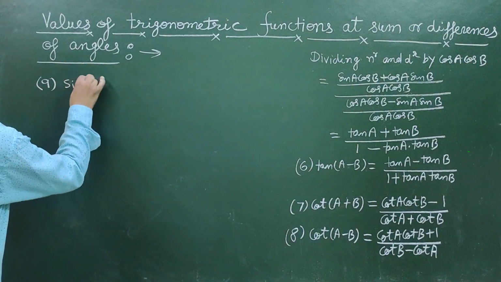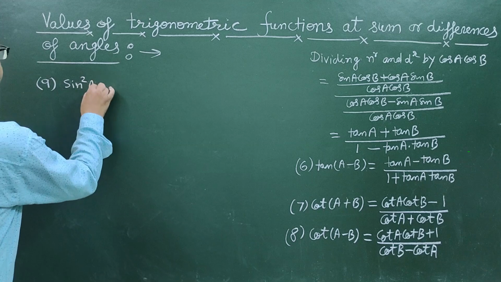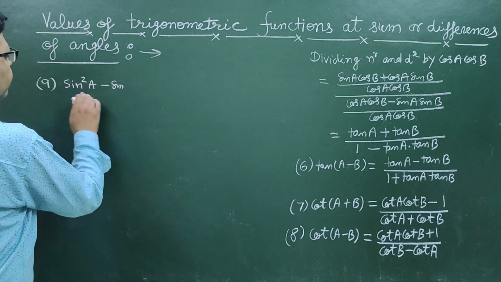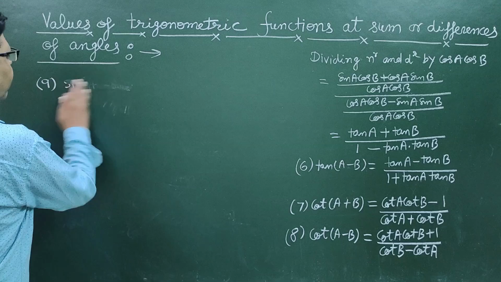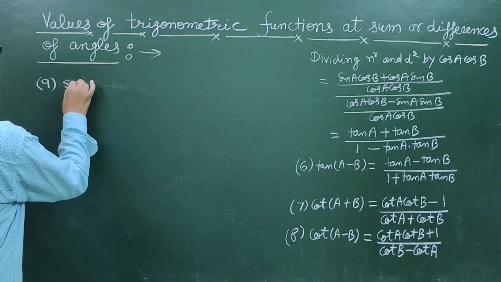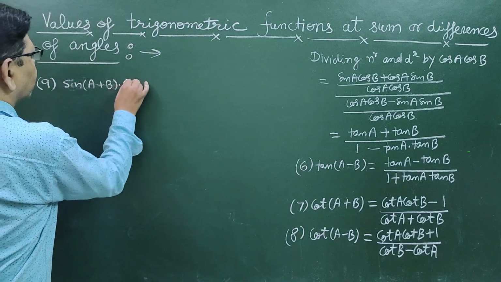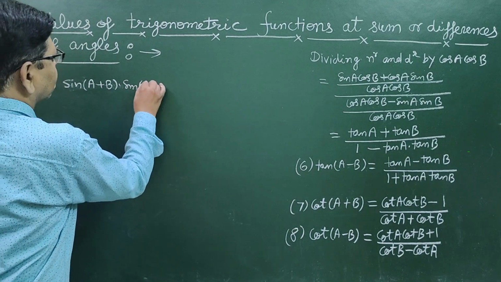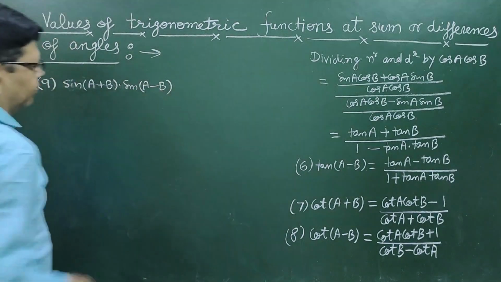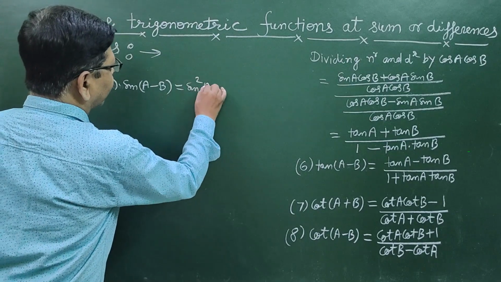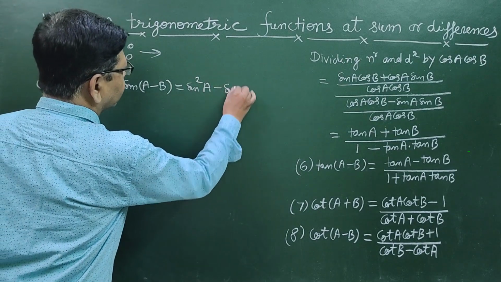Sine A plus B into sine A minus B is equal to sine square A minus sine square B.